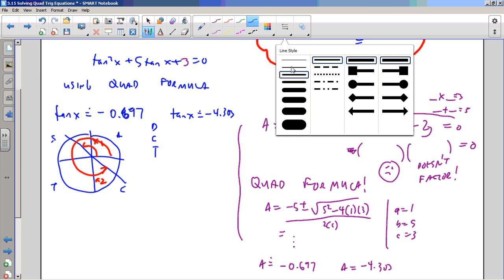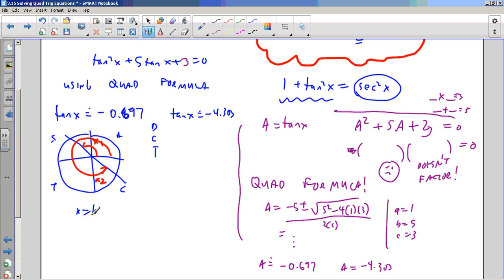And I can think now of my calculator. What's my calculator going to give me when I put in x equals tan inverse of this? It's going to give me the related acute angle. I think it'll give me the negative of the related acute angle. In this case, x is negative 0.61.